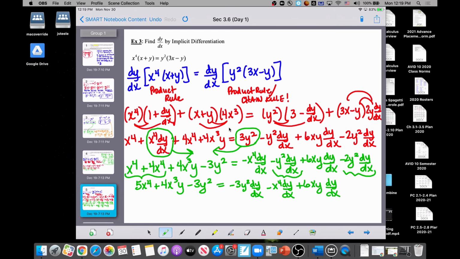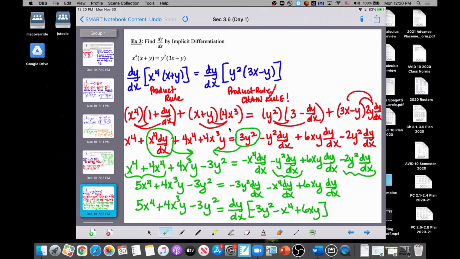And then my next step is going to be, let's factor that dy dx out of all of the terms on the right-hand side. So if I factor out dy dx, then I have negative 3y squared minus x to the 4th plus 6xy. And on the other side here, I obviously have my 5x to the 4th plus 4x cubed y minus 3y squared.